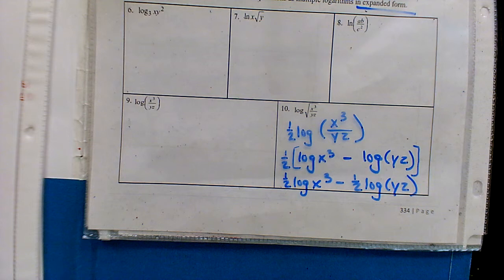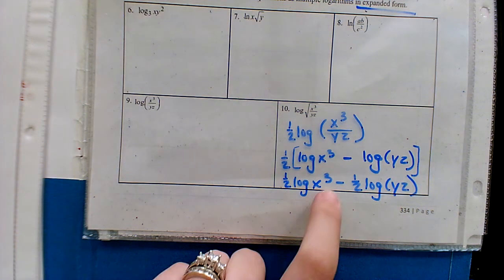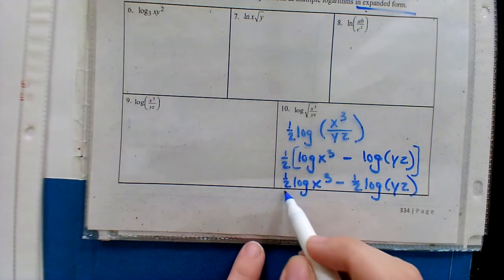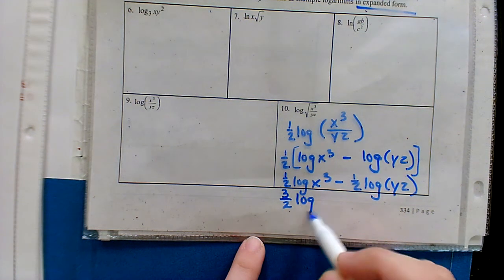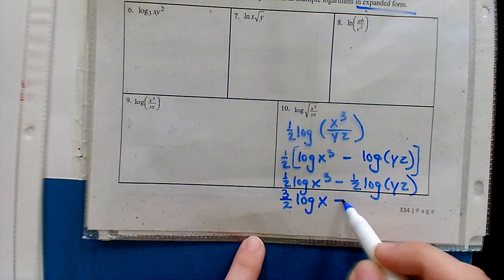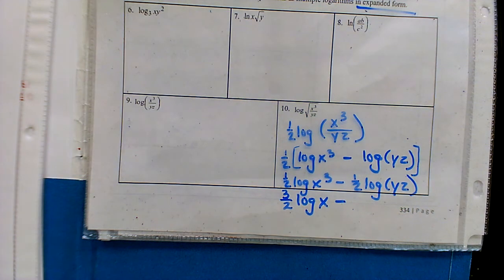Good, Marie? All right, we can bring that 3 out front. That's another power on the argument. So it becomes a 3/2. Can we use a property on the second log?